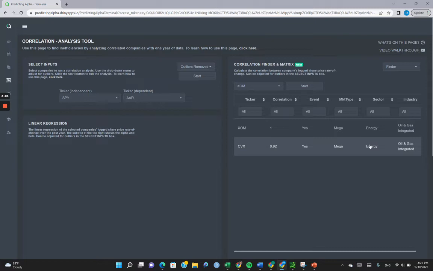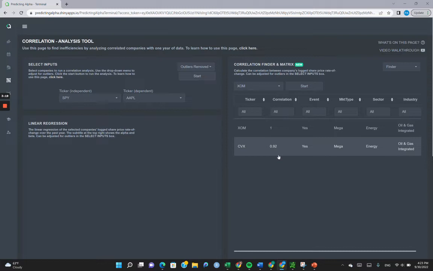Now, I will say that if you do find an infotech company correlated to an energy company at 0.92, or something ridiculously high, it's accurate, it's right.